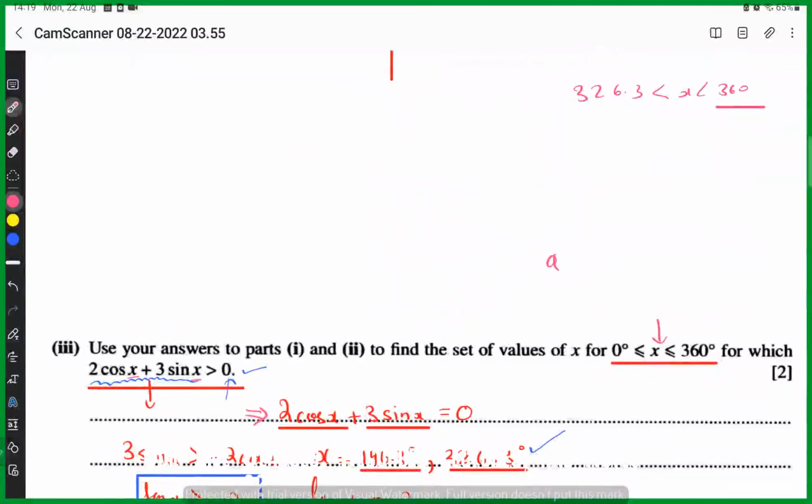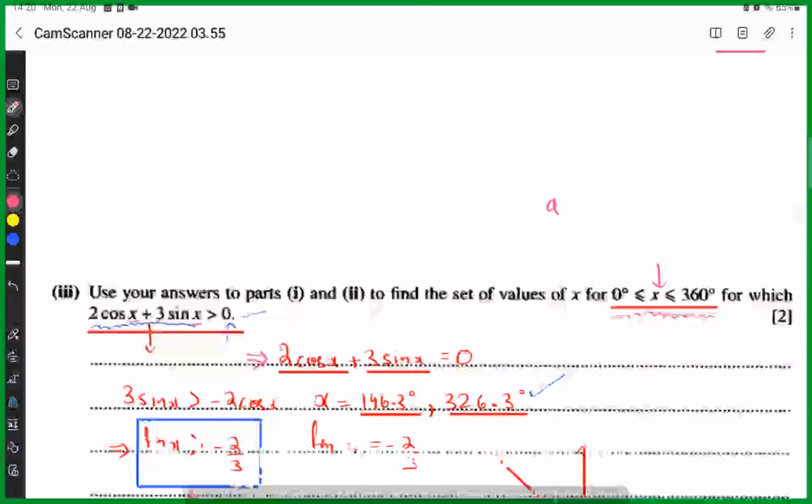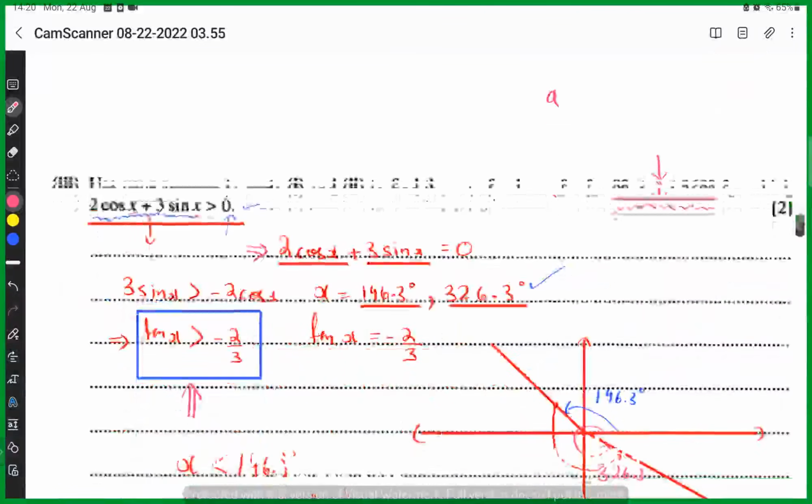Yes, the marking scheme has a different answer, but technically this would also be correct. The only thing is that 0 and 360 is already given. So if you have this as an underlying condition, you can just give these two as your final answers. That would also be correct.